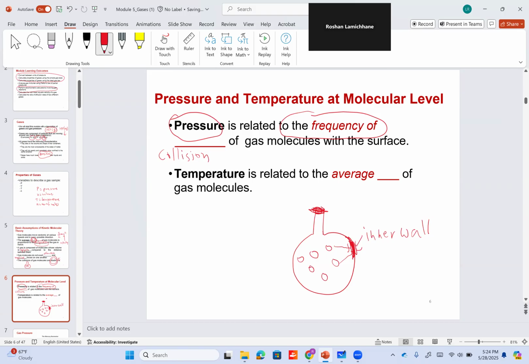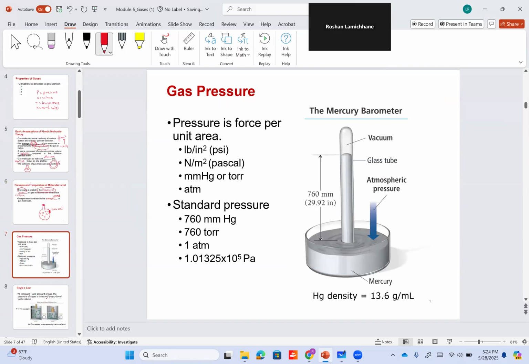All right. And next thing, I just did bring that up in the earlier slide. The temperature is related to the average speed or the velocity of the gas molecules. Basically, as temperature increases, the speed or the velocity of the gas molecule also increases. All right.